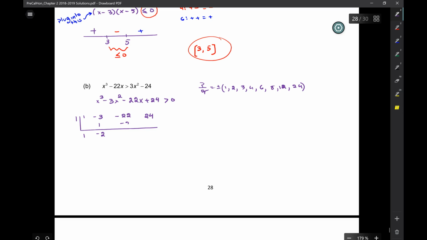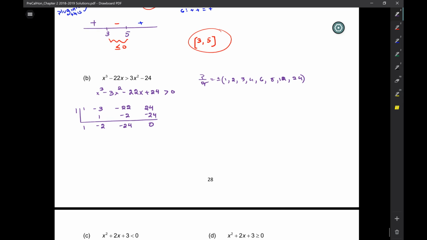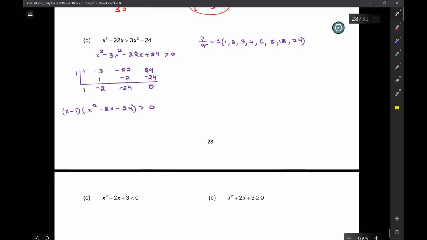Negative 2, negative 2, negative 24. Oh, look at that, it works. Okay? Right, so now this is (x minus 1) times (x squared minus 2x minus 24) greater than 0. And how cute is that? That factors.